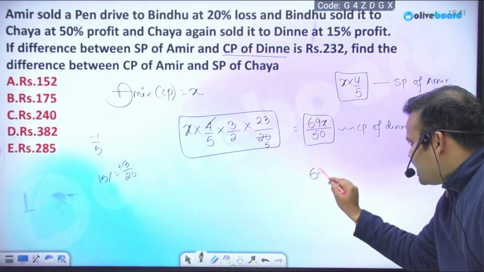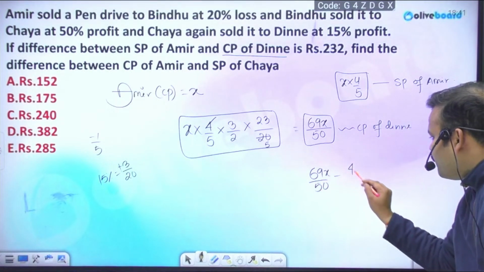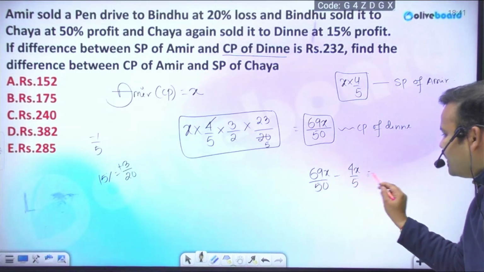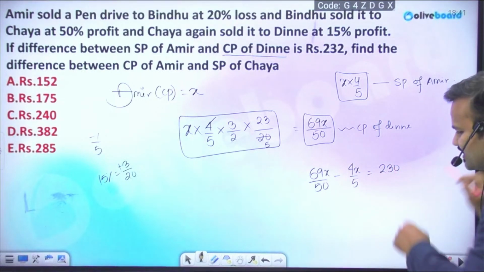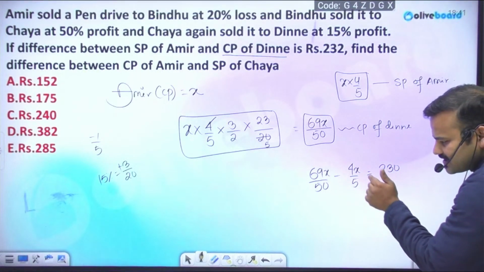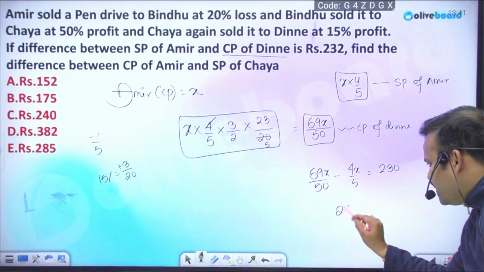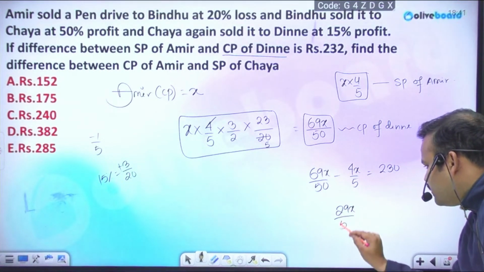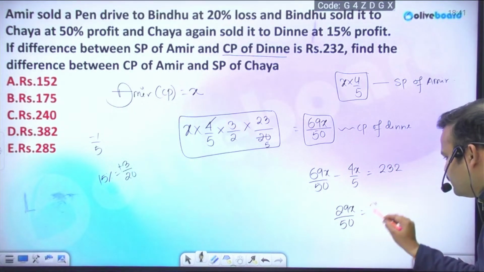So 69x by 50 minus 4x by 5 is equal to 232. Make this as 50. The moment you make this 50, this will become 40x. So ultimately 69x minus 40x will be 29x by 50 equals 232.